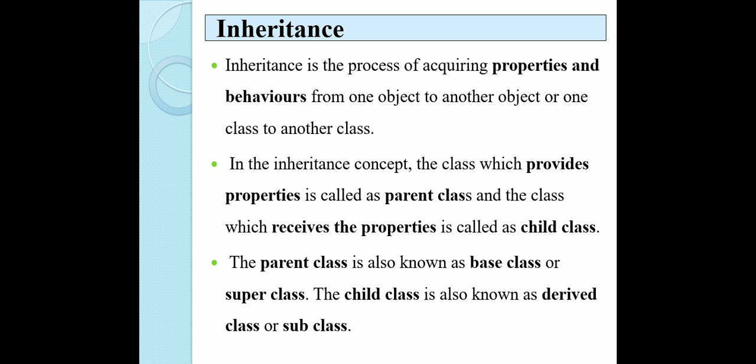Let's see the third concept, inheritance. Inheritance is the process of acquiring properties and behaviors from one object to another object or one class to another class. Here in the inheritance concept, the class which provides the properties is called a parent class and the class which receives the properties is called a child class.